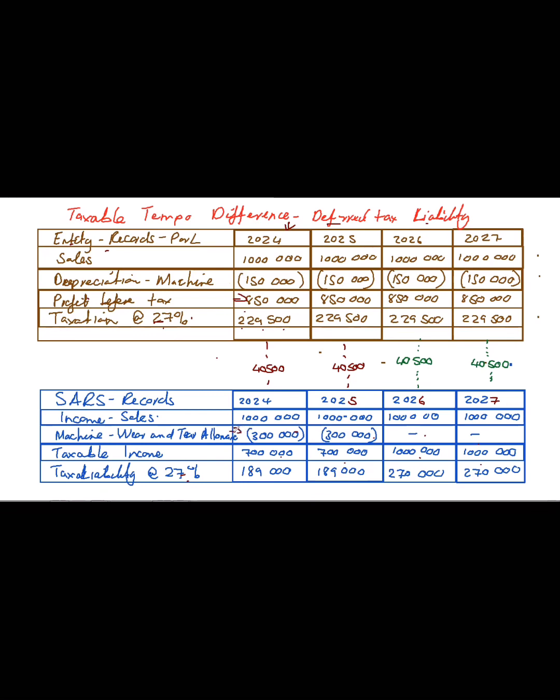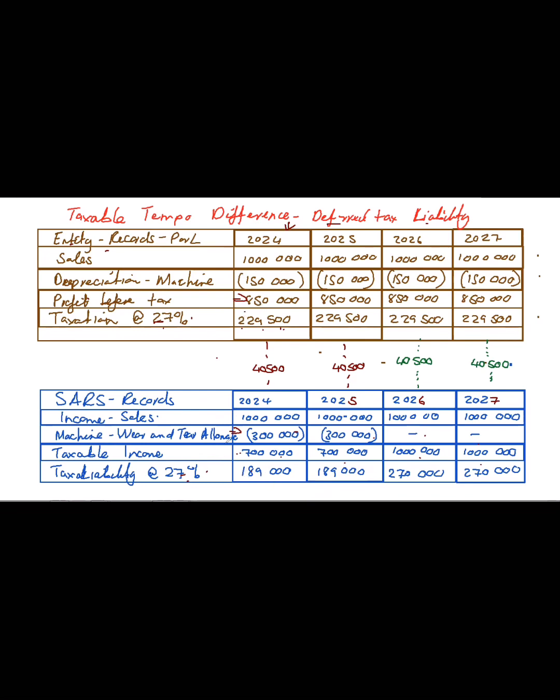And then the difference was here. So SARS is simply saying to us that you guys got a different profit before tax. We got a different amount. So we are actually taxing you on a lesser amount. Instead of getting this value, we got how much? 189. So there's a difference.